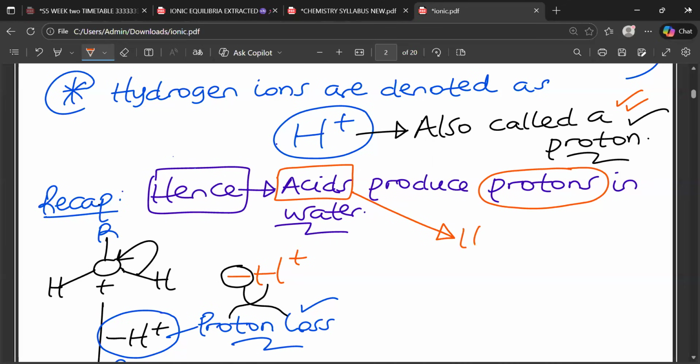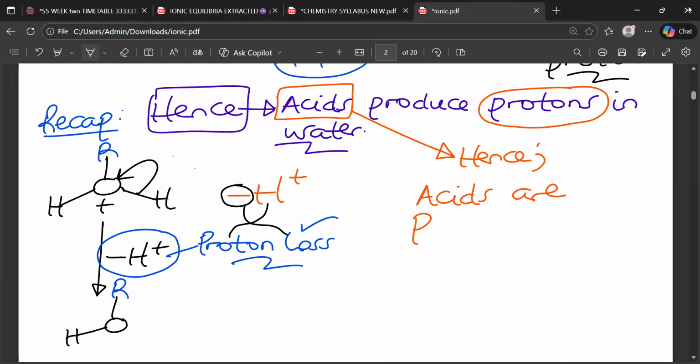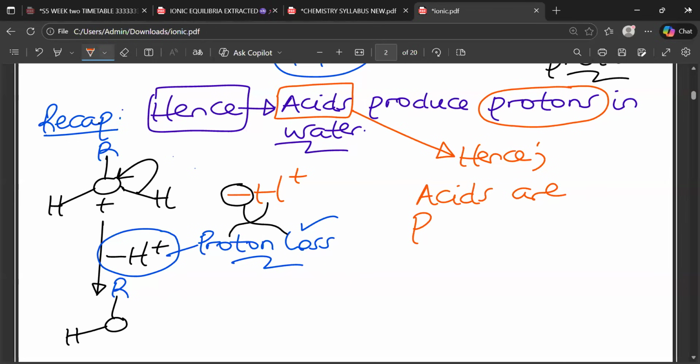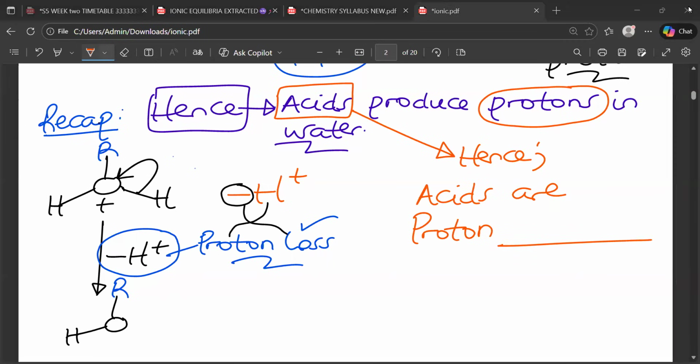So we shall have another hence. If they ionize to produce hydrogen ions, which are protons, that means they ionize to give us protons. So are they donating or accepting? They are donating.